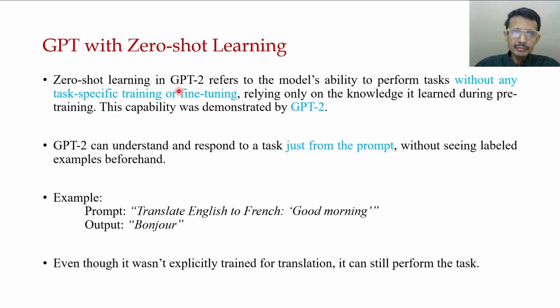It is a model's ability to perform tasks without any task specific training or fine-tuning. Sometimes, imagine a situation where a model has not been trained on particular images or text, but at test time this kind of data, which has not been included in its training, is given.